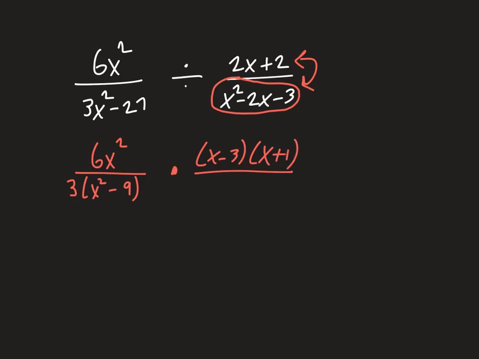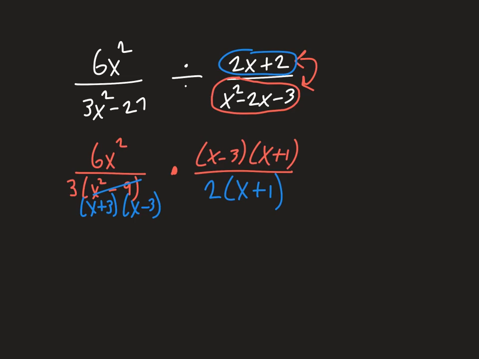And then factoring the 2x plus 2, all I can do is factor out a common factor of 2, and it would be times x plus 1. One more thing I could factor here, the x squared minus 9 will become x plus 3 times x minus 3. Okay, so we got that reduced. So everything's factored as far as it can go.